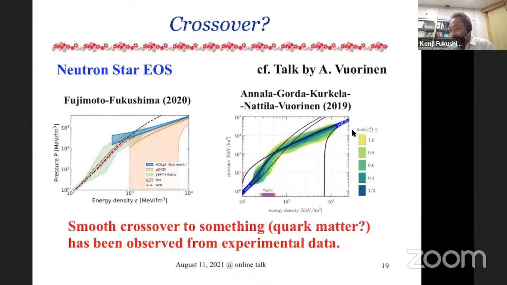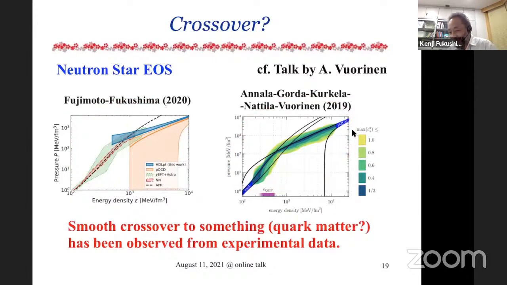I think that Alexei Bauswein will give you a lecture about the neutron star EOS construction, but it is now a sort of established fact that the baryonic EOS, that is this part or this part using their figure. This is my figure and this is their figure, but you see they have almost the same structure.